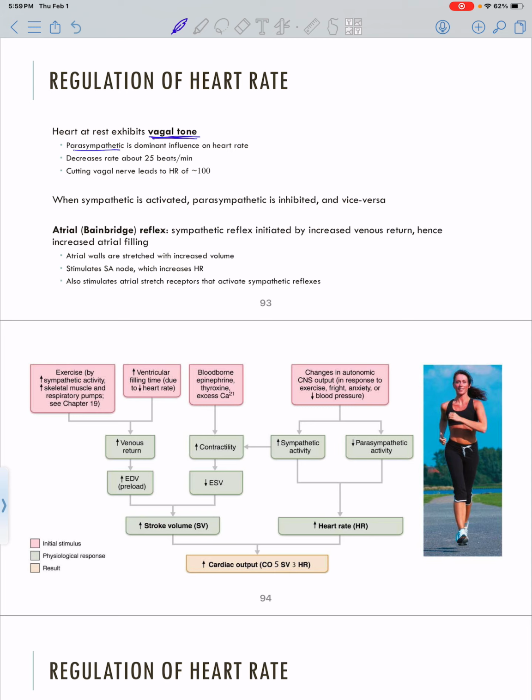So the parasympathetic nervous system is actually the dominant influence on the heart. So it's going to keep a decreased rate of about 25 beats per minute. If we were to cut our vagal nerve, it would increase our heart rate to about 100 beats per minute. However, if we're scared or stressed or frightened or being mugged or something like that, our sympathetic system can take over and can be activated to go in and increase our heart rate.